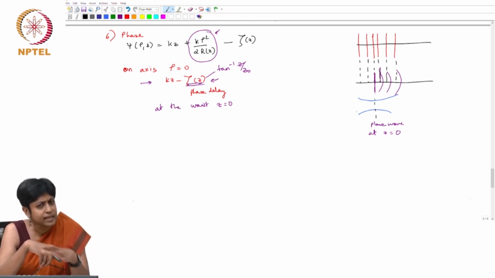So it should be fairly clear that propagation causes a phase change. And as a beam propagates, the phase is changed. But every beam does not change phase in the same way when that beam travels through a distance z. So you could have different beams traveling through the same medium. So the medium has refractive index n.